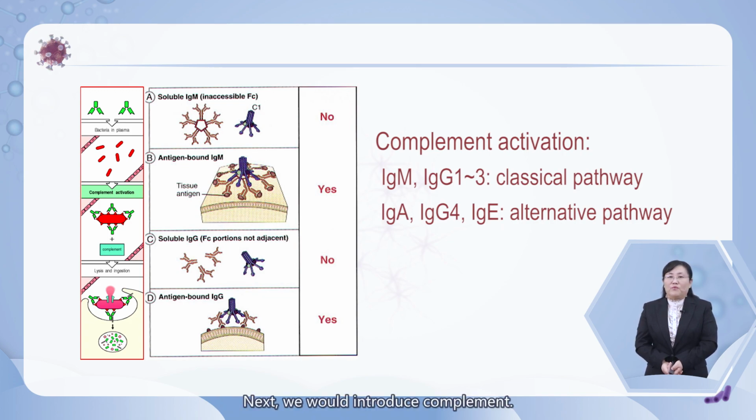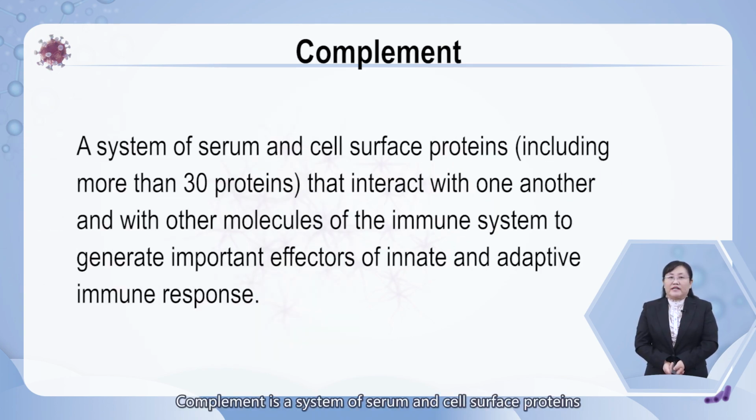Next, we will introduce complement. Complement is a system of serum and cell surface proteins, including more than 30 proteins, that interact with one another and with other molecules of the immune system to generate important effectors of innate and adaptive immune responses.